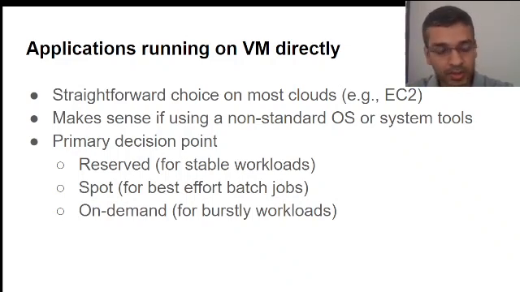But suddenly AWS decides to change the price for spot, or AWS decides to change the price for reserve. Now, if you change your decision, it is not a technical decision, it's a pure pricing based decision. So this secondary decision point is actually not an architectural decision. It's a cost decision and something that you'll probably keep on changing every few months as the prices change. So that's something that you should not even spend a lot of time on.